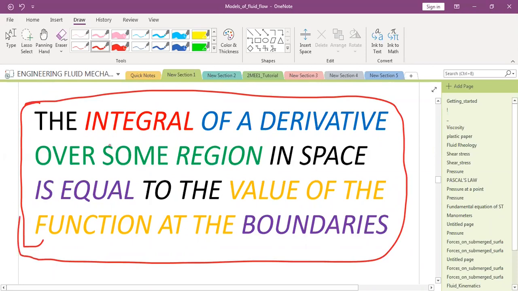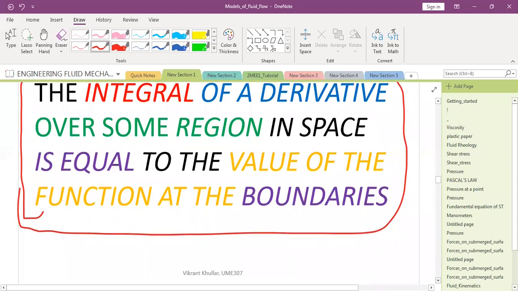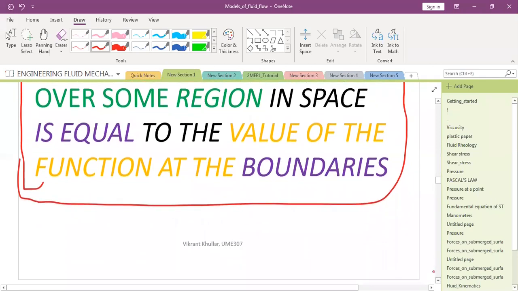So what does that state? The integral of a derivative over some region in space is equal to the value of the function at the boundaries.